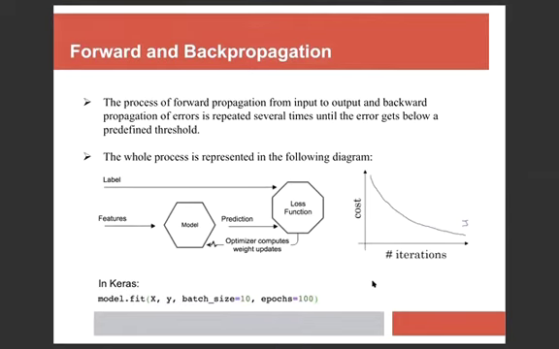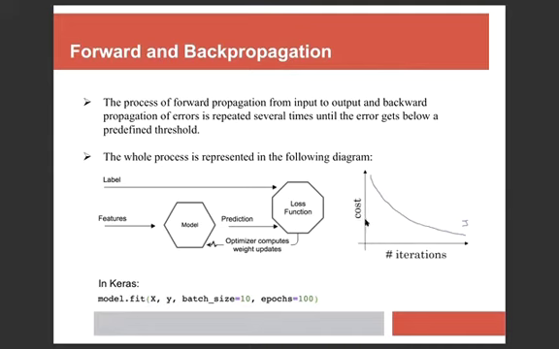The process of the forward and backward pass of error is repeated several times until the cost function goes below a predefined threshold. So in this way, the parameters are progressively learned and the cost is progressively minimized.